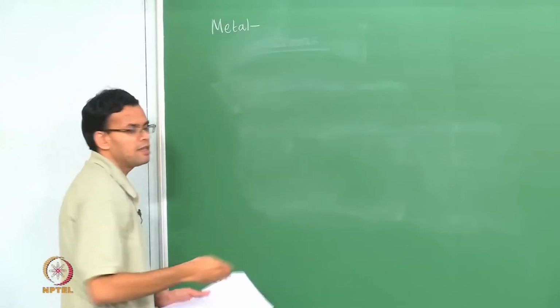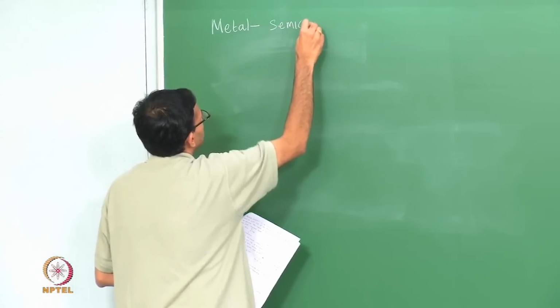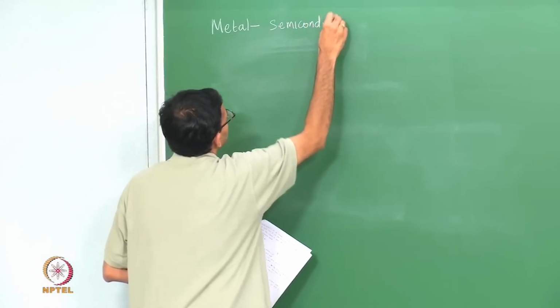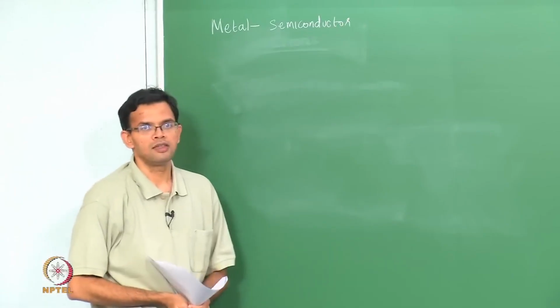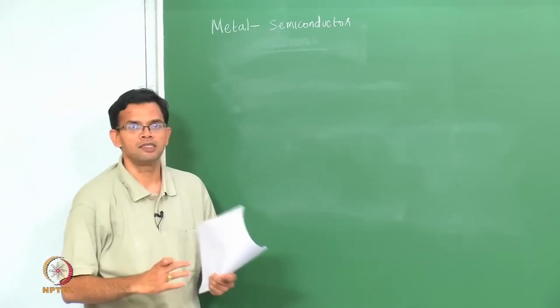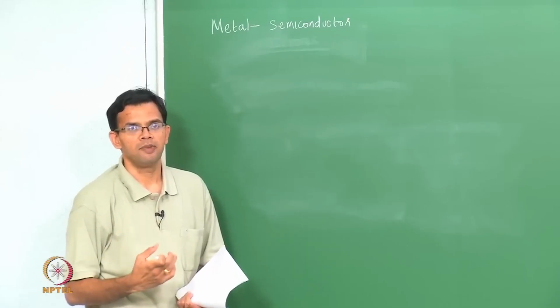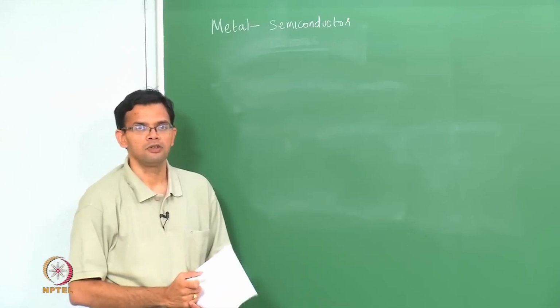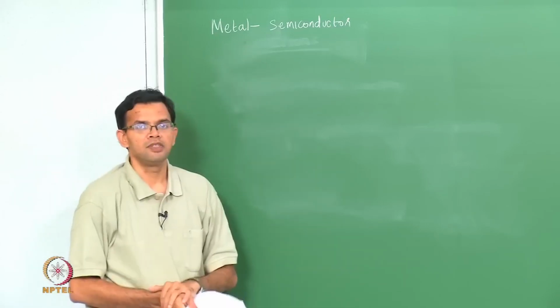So, we will consider the case of a junction formed between a metal and a semiconductor. This is useful when we form devices on a wafer. These devices have to be connected to an external circuit, and this is usually done by forming metal contacts with these devices.